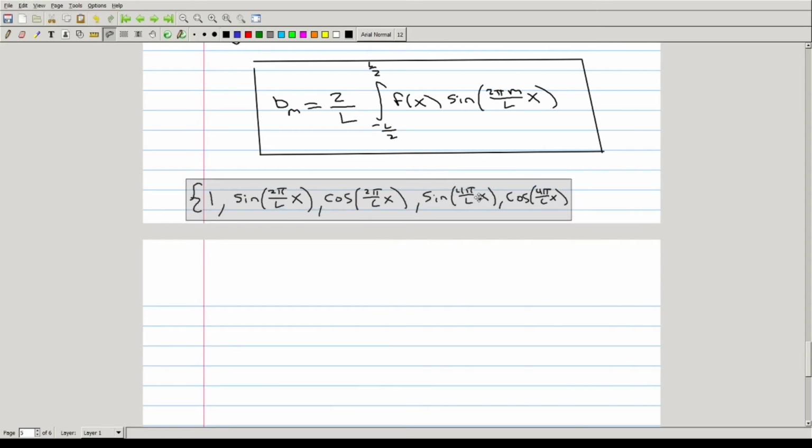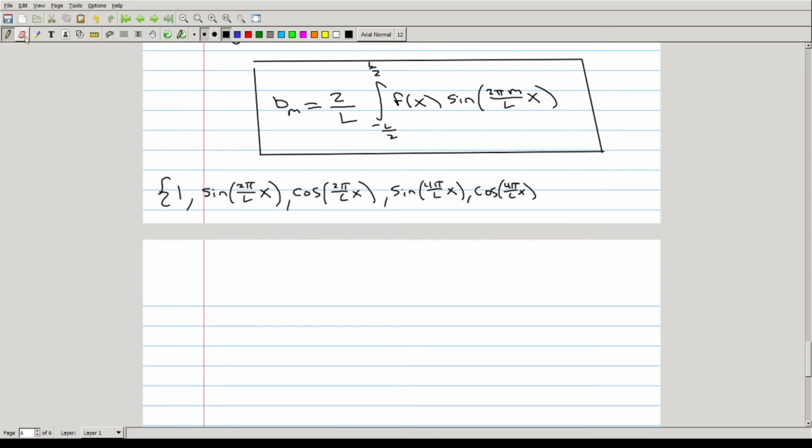So this set of functions, or vectors, if you will, in the function space.